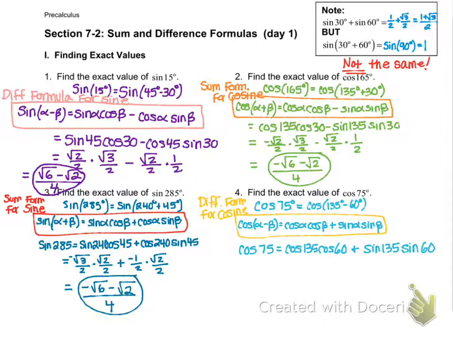And from our unit circle, we're going to get negative root 2 over 2 times 1/2 plus root 2 over 2 times root 3 over 2. So our final answer is going to be negative root 2 plus root 6, all over 4.